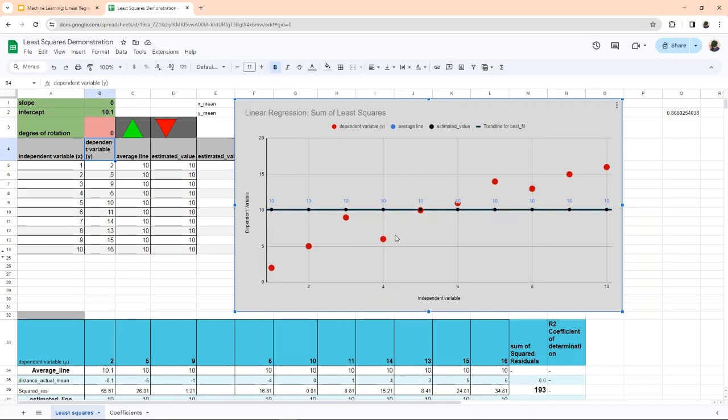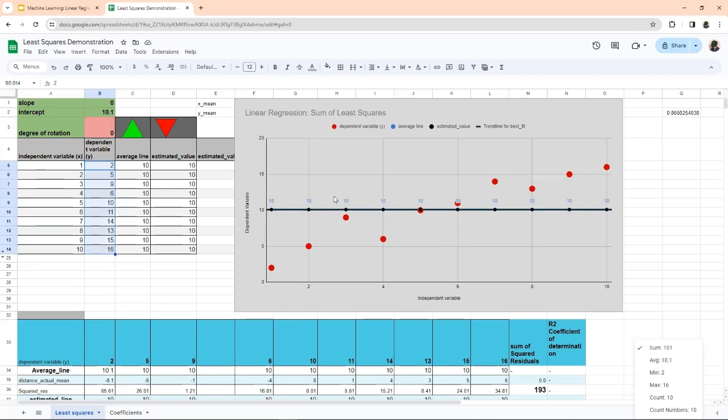And how I started this off is, we're saying, okay, let us use the average line, right? The average of our observations. When we take the average, it should be 10.1, right?